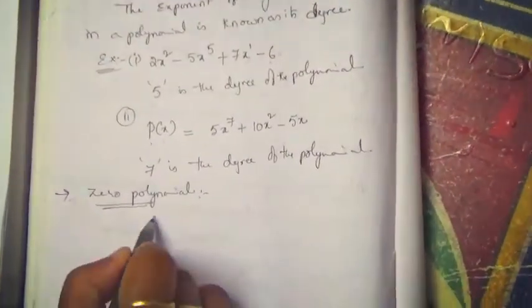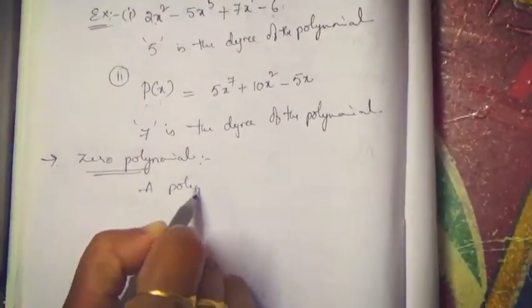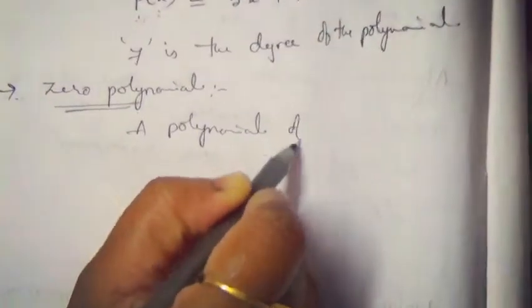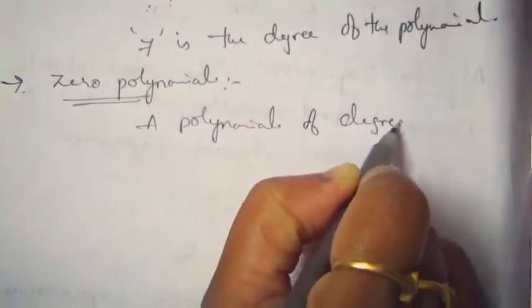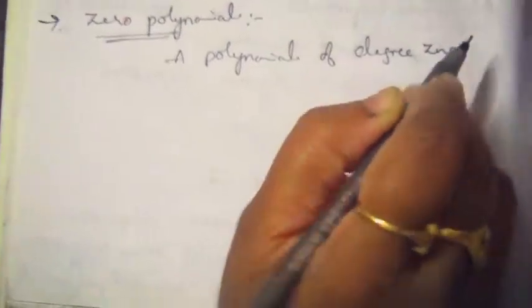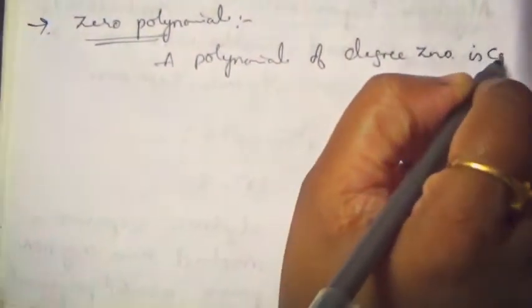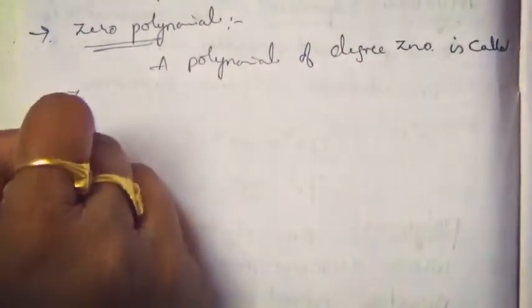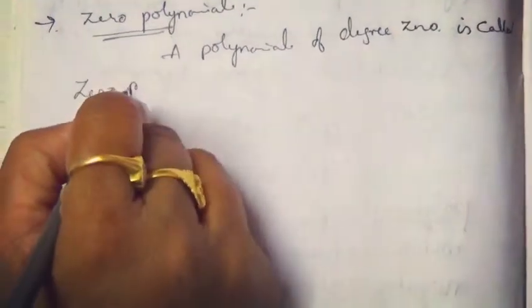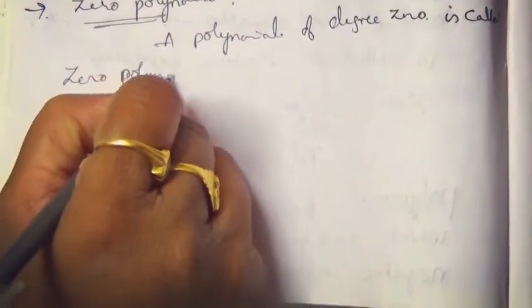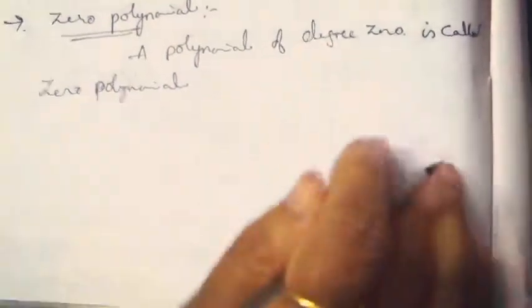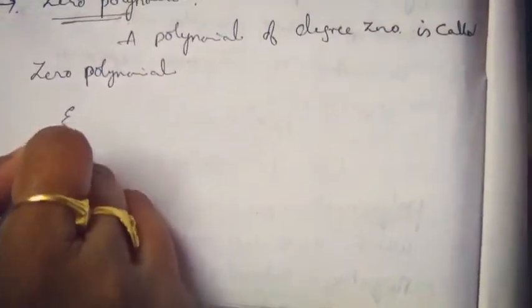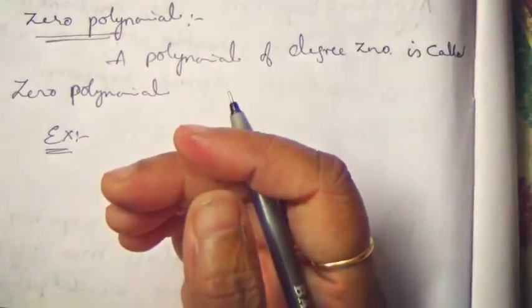A polynomial of degree 0 is called a zero polynomial.